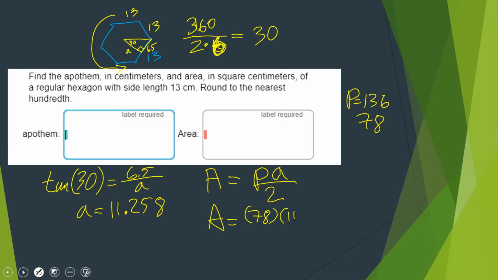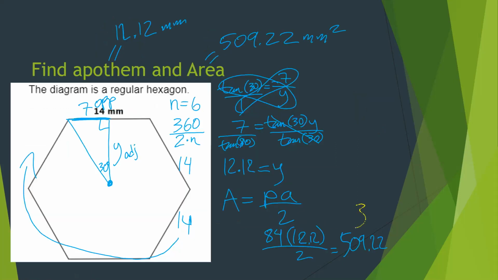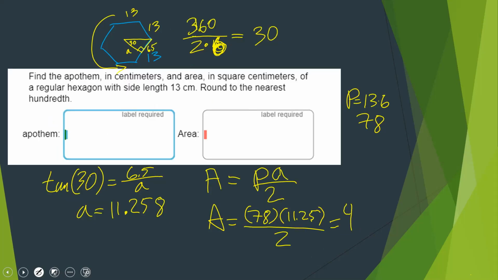My apothem is 11.25, all over 2. Which is equal to 439.07 centimeters squared.